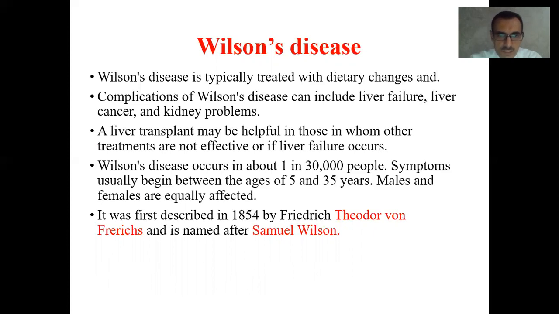Wilson disease occurs in about 1 in 30,000 people. Symptoms usually begin between the ages of 5 and 35, and males and females are equally affected. It was first described by Frederick Theodor von Friedrich and is named after Samuel Wilson in 1854.